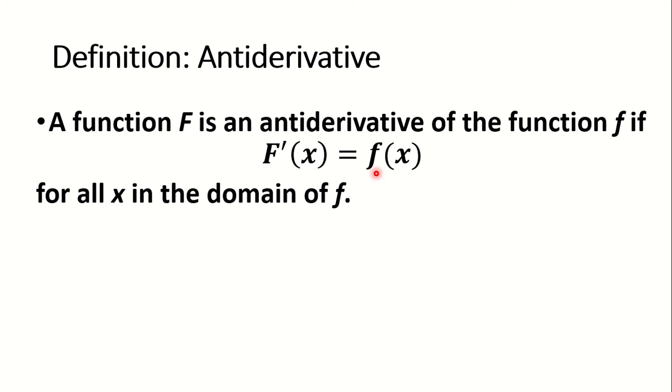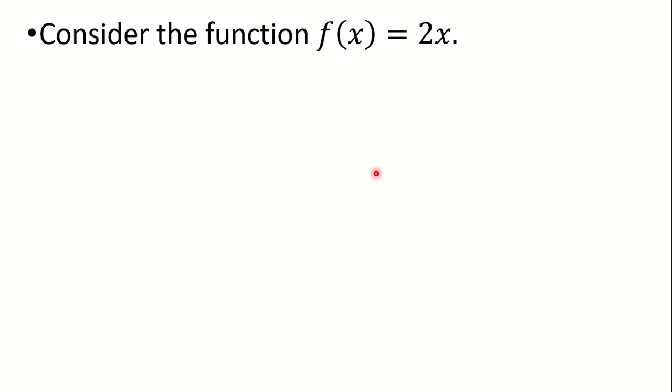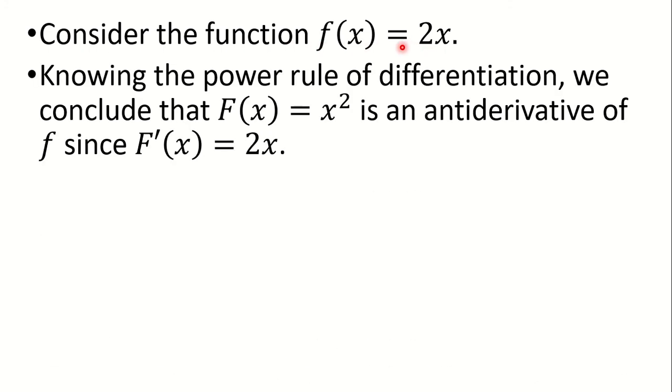Okay, so we'll have examples para mas maintindihan nyo. Okay, so consider the function f of x is equal to 2x. Knowing the power rule of differentiation, we conclude that capital F of x is equal to x squared is an antiderivative of f since F prime of x is equal to 2x.